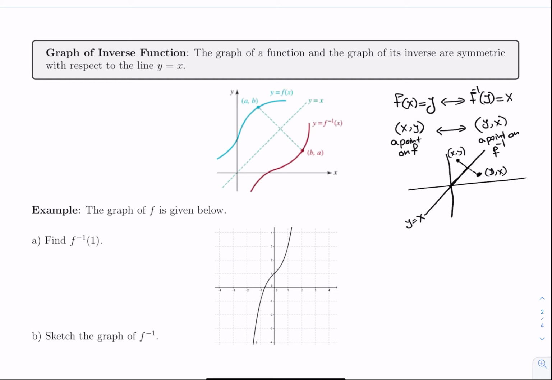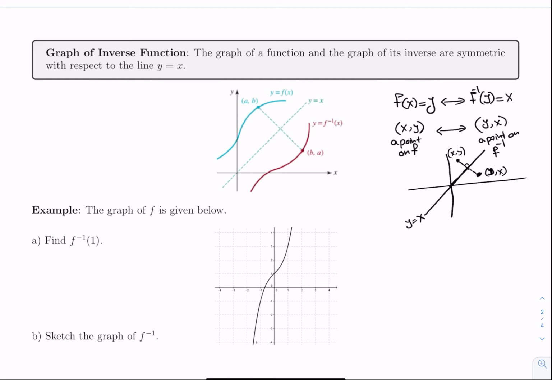If you consider a perpendicular line from the point x and y to the line y equals x, and if you continue on the other side the same distance, you get the image, the reflection, which will have the coordinates y and x, where the x coordinate and y coordinate are switched.